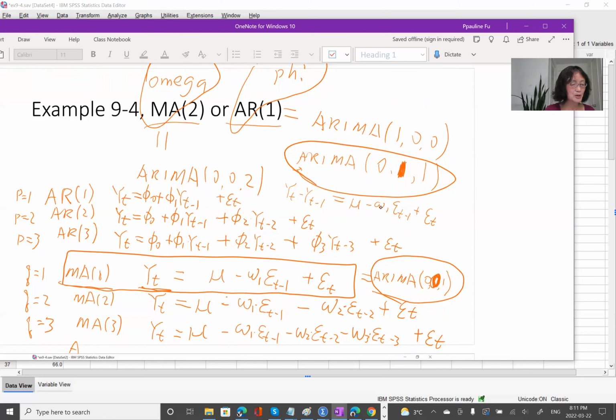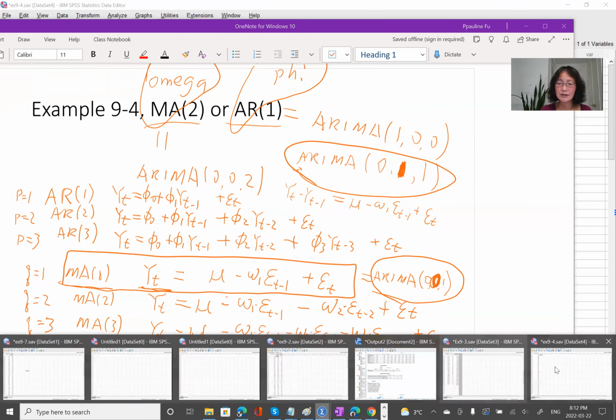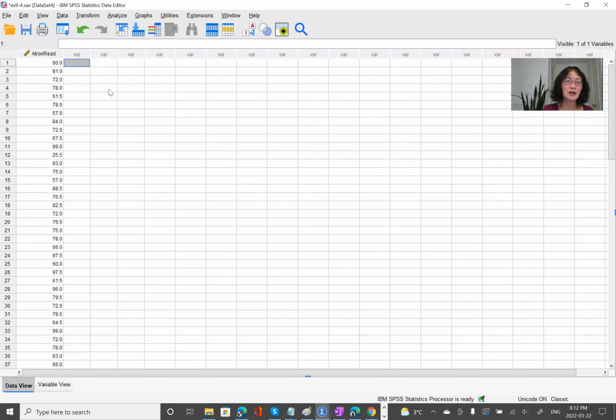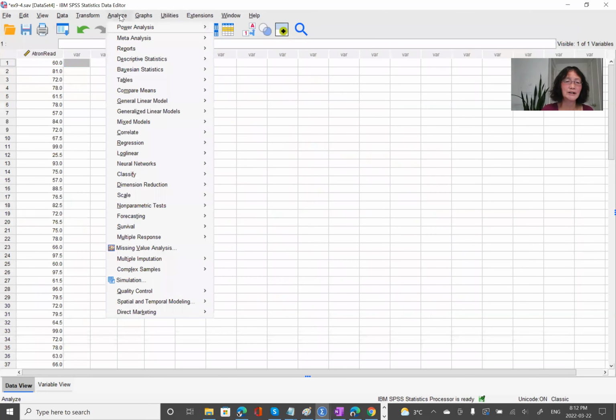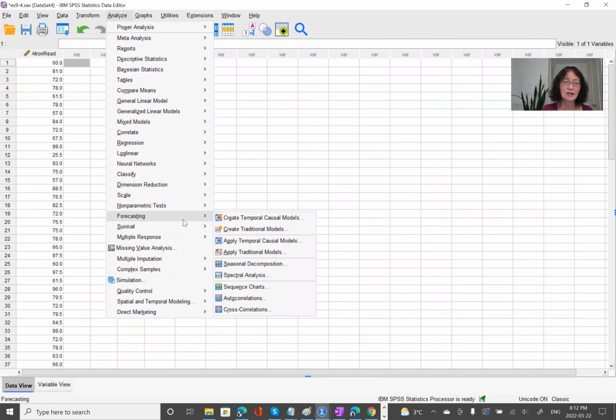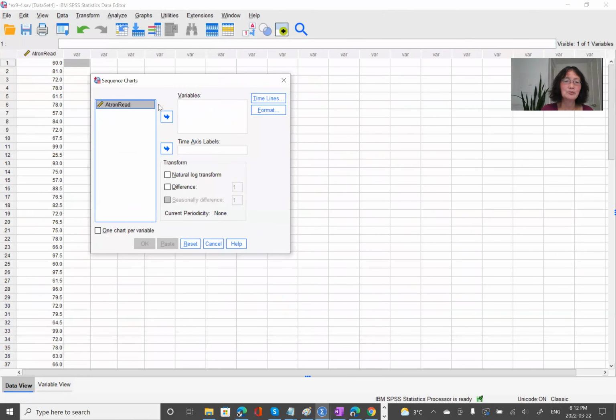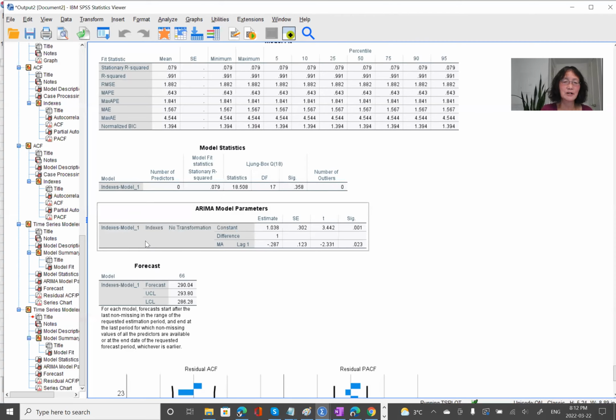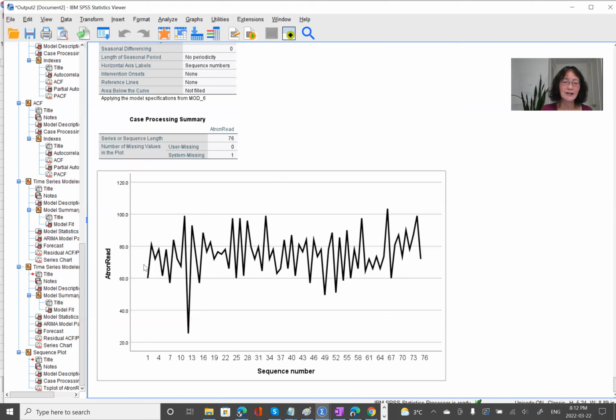But before we do those methods, let's explore data pattern for 9.4. This time, I am going to go fast because we did this before. For example, how to create the line chart: go to forecast, go to sequence chart, move into variable box, click OK button. So you get this data pattern.